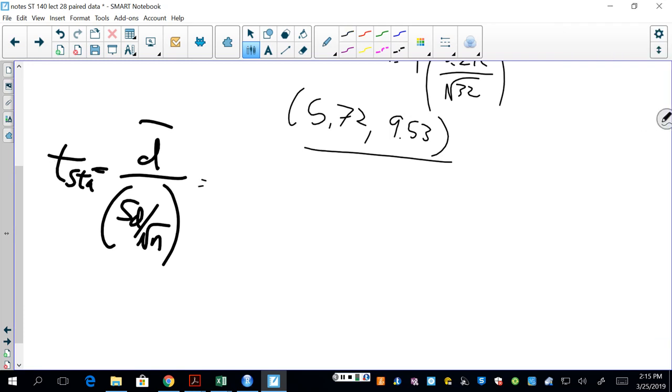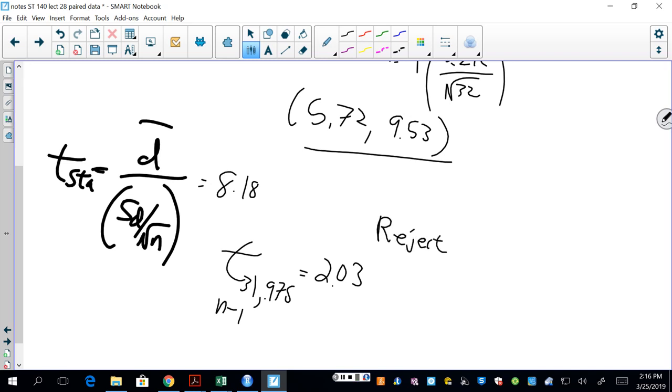So in this case, it's about 8.18. And we would compare that to a t-value, 31 degrees of freedom, because that's a minus 1.975, 2.03 or so. And that's way beyond that. So we're going to reject the null hypothesis that said that the difference is 0.